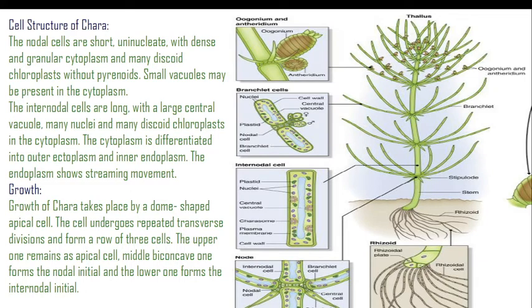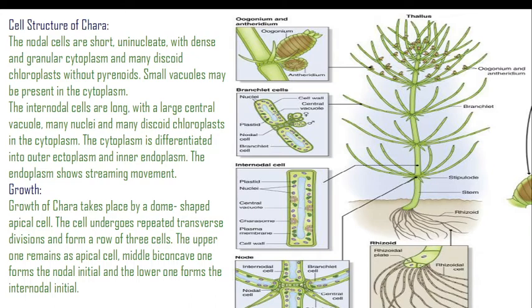This is about the nodal cells, which are present here at the bottom, and this is the internodal cell, which is long and elongated. The internodal cells are long with a large central vacuole. This bluish color is the large central vacuole, which possesses many nuclei and many discoid chloroplasts in the cytoplasm.